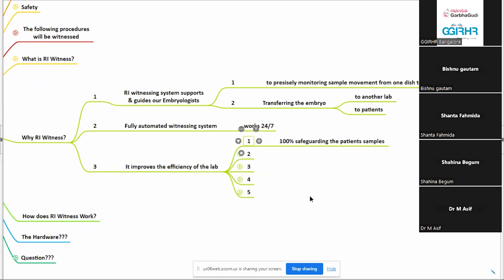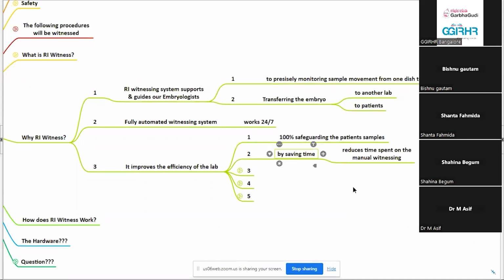One, 100% safeguarding of the patient sample. It 100% safeguards the patient sample. By this, we can believe the lab. Secondly, it saves time, which means it reduces the time spent on manual witnessing.